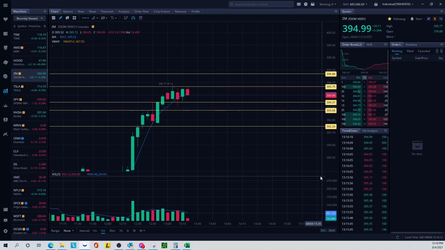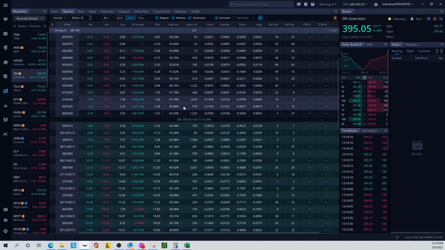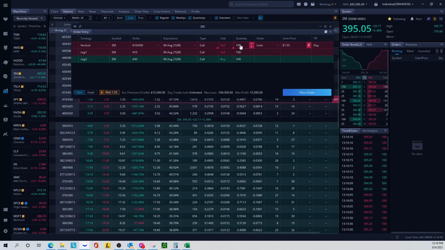Should be seeing, in that case, red on the tape. Buyers are still in that same zone, so try and put the order in again, but it's unlikely to get filled in 5 contracts.